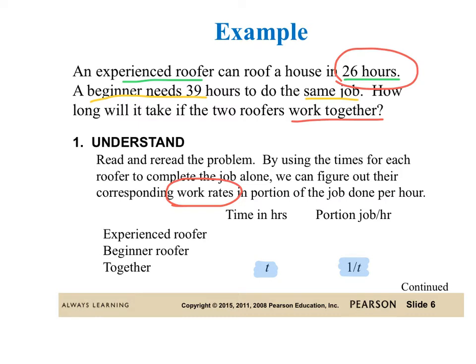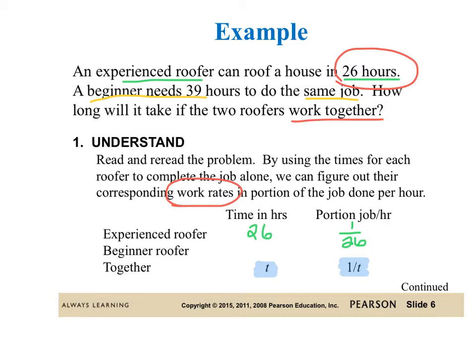So now returning to what we know about the experienced roofer, the experienced roofer can do the whole job in 26 hours, which means his job rate is he does 1/26 of the job in 1 hour.